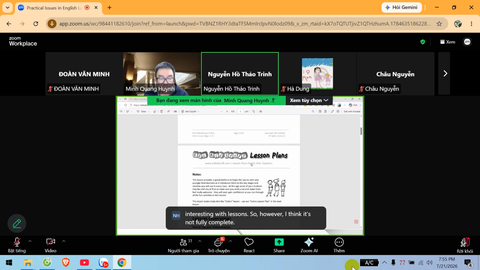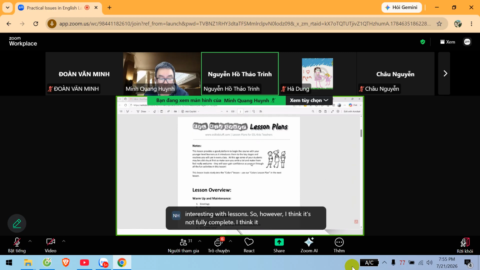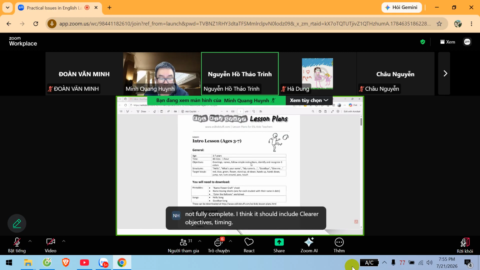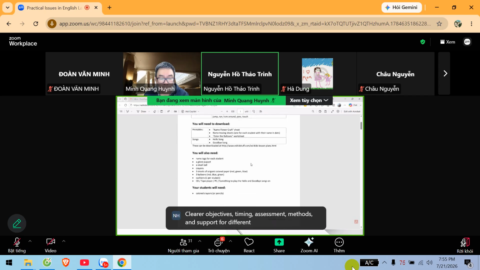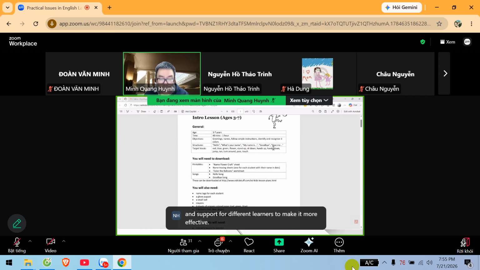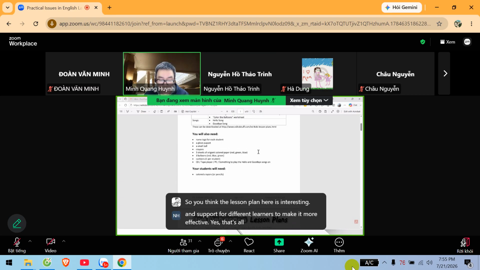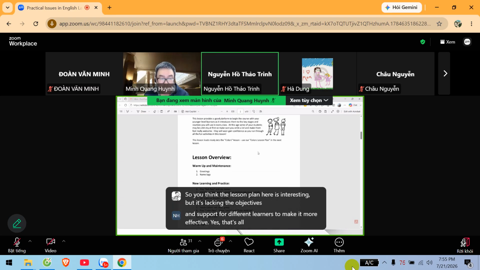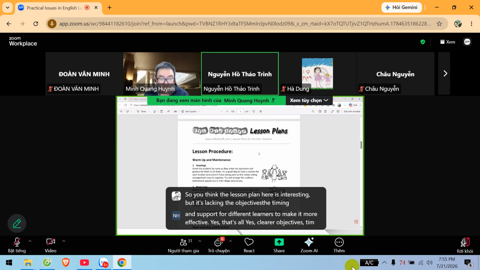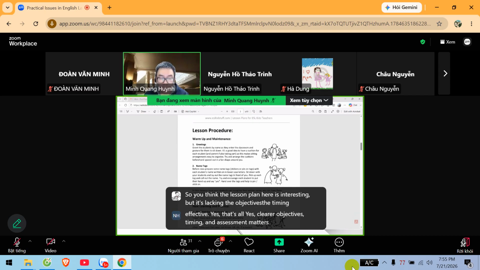It should include clearer objectives, timing, assessment methods, and support for different learners to make it more effective. So you think the lesson plan is interesting, but it's lacking clear objectives, timing, and assessment? Yes.